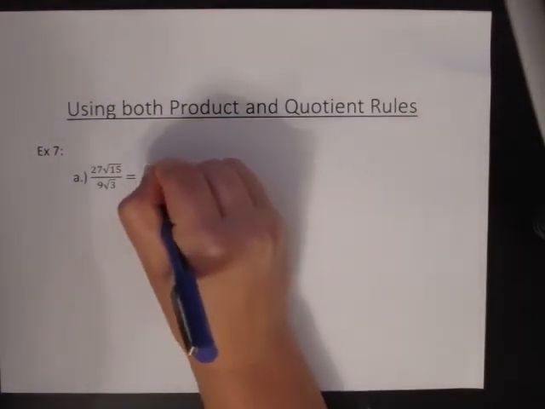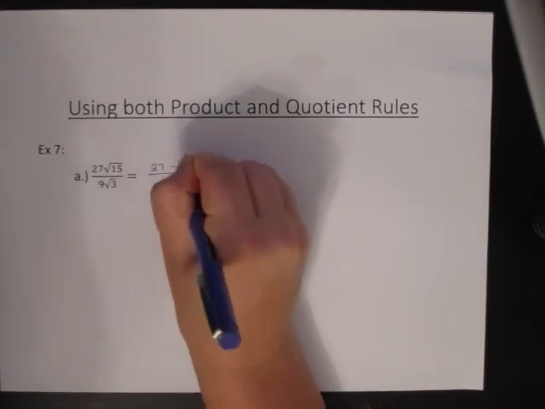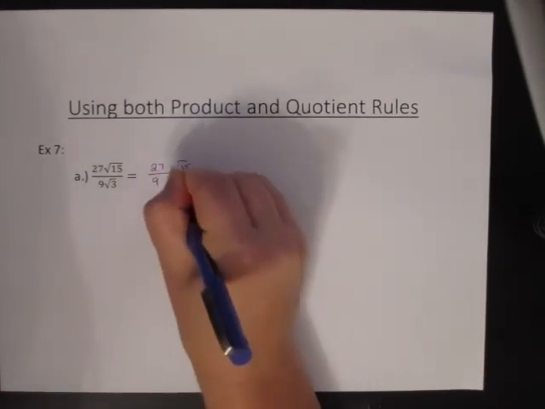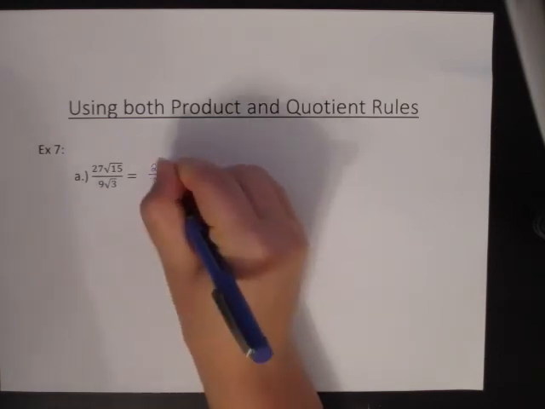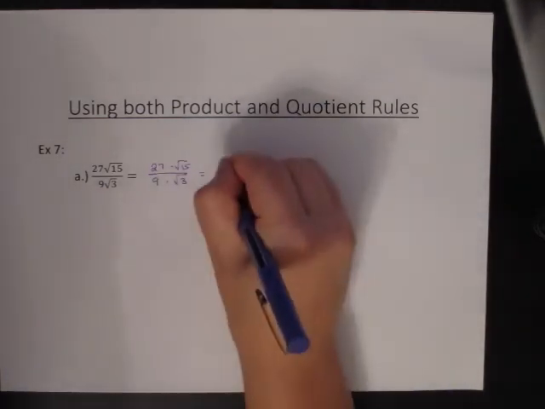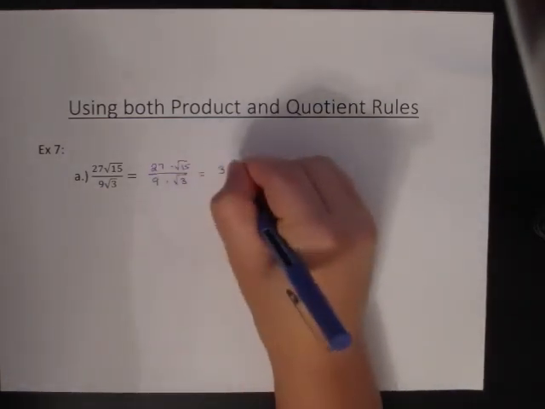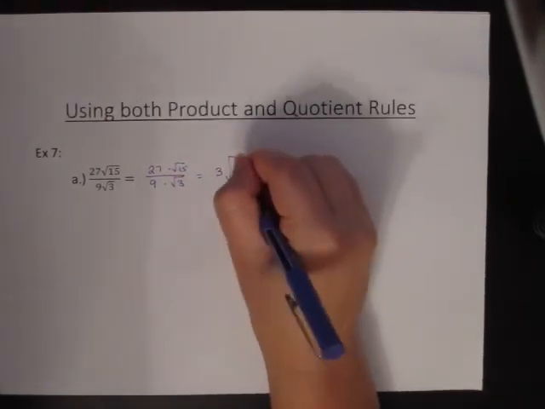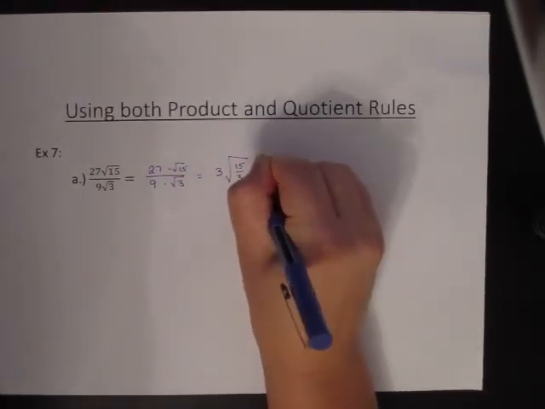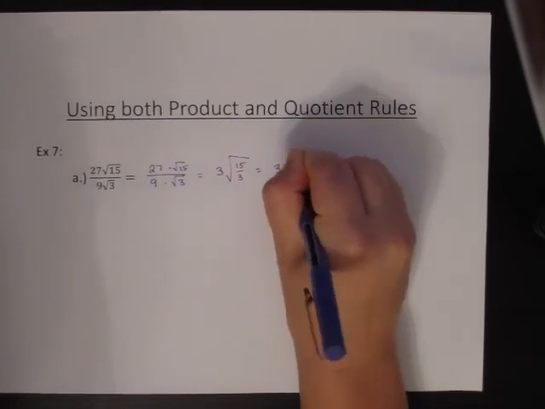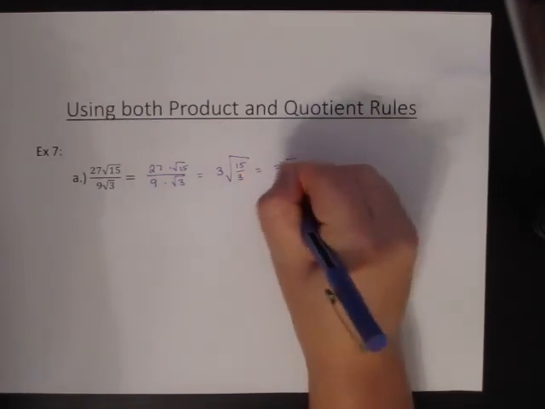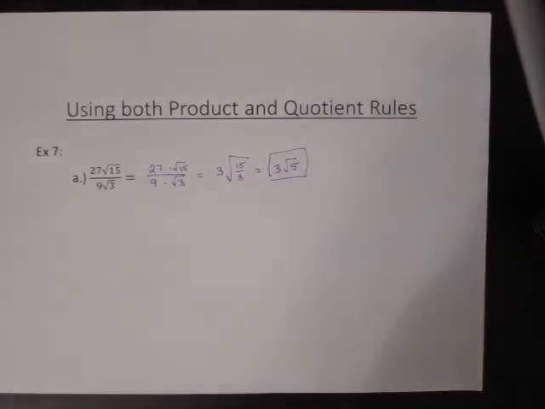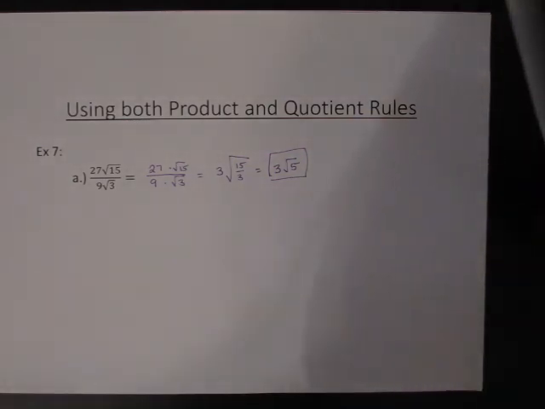So 27 over 9, because I know 27 divided by 9 is going to leave me with 3. And then I'm going to put the radicals together like the second example. So 15 divided by 3, so I would be left with 3 square root 5, since 15 divided by 3 is 5. So it's a super intimidating problem at first, but if you split it up into what the product rule is, and then clean it up, you should be good to go.